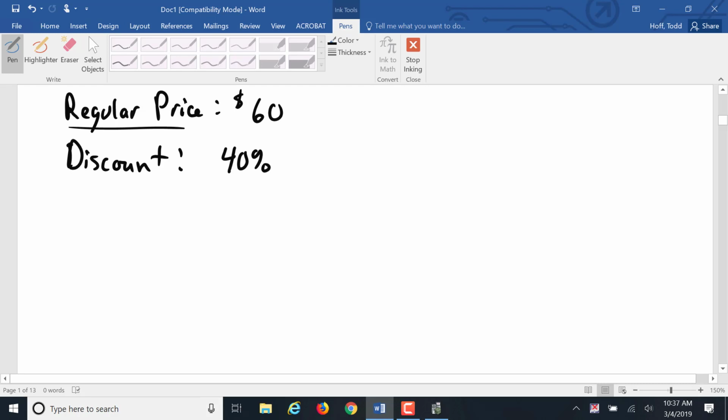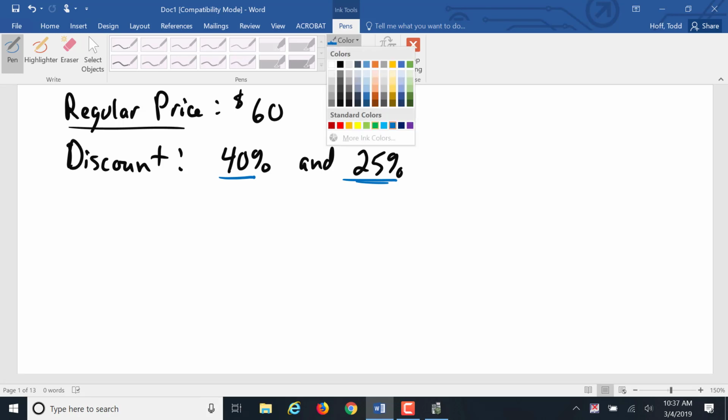And let's say there's an additional clearance discount of 25%. Now, just like with trade discounts, these are not concurrent. They don't happen at the same time. They happen one after the other. We take the 40%, then we take 25% of what's left. And the easiest way to work that is to use those complements.